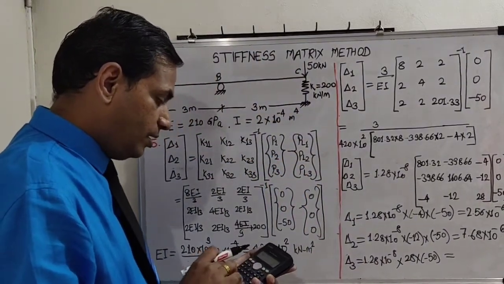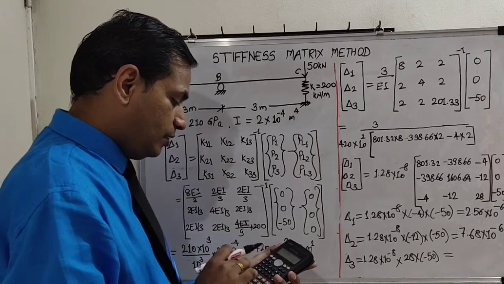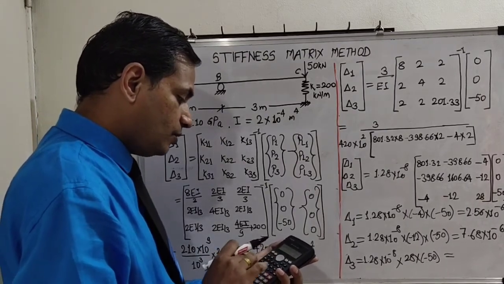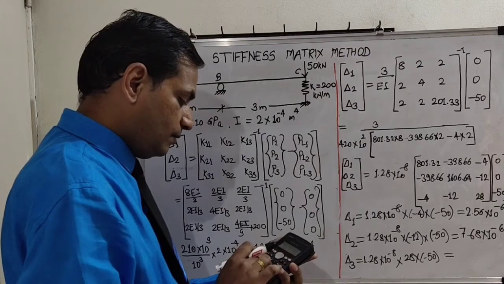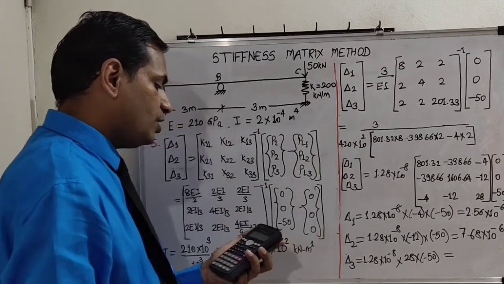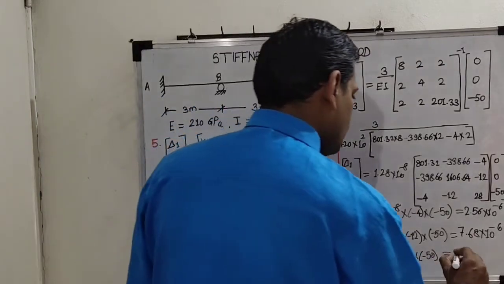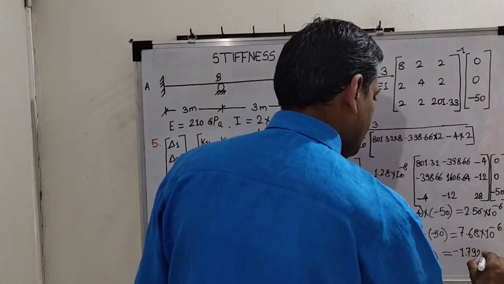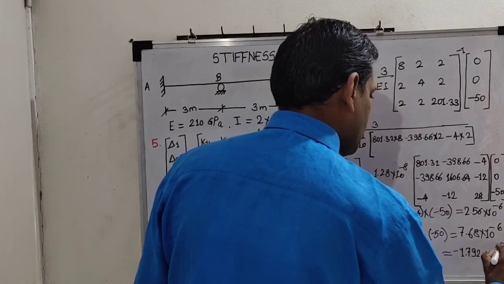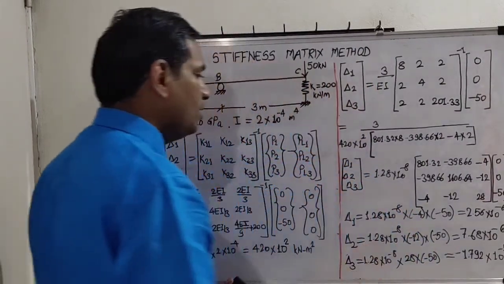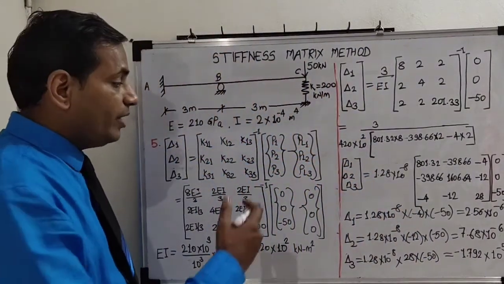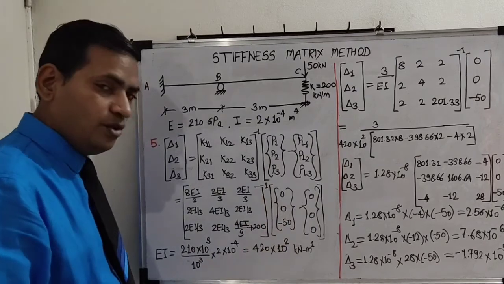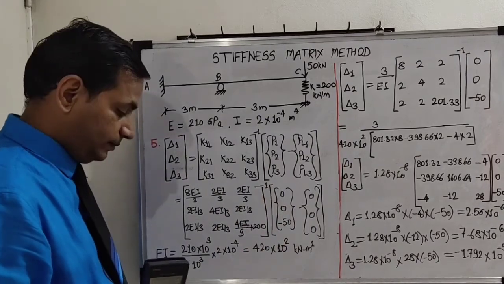So minus 28 into 50 into 1.28 into 10 raised to minus 8. So the answer is minus 1.792 multiplied by 10 raised to minus 5. Now we will make use of these three values to find final moments.